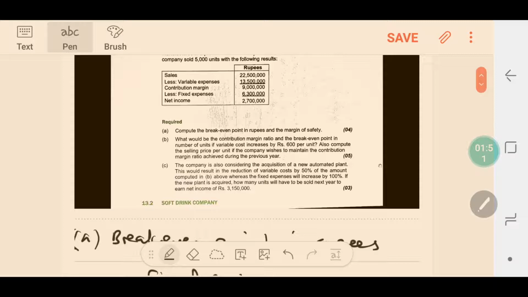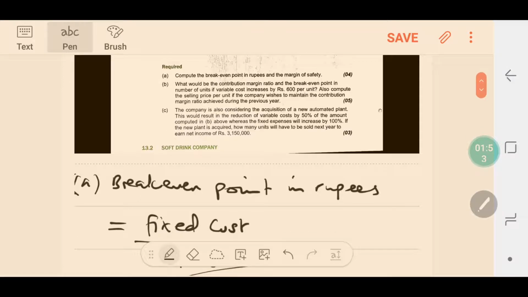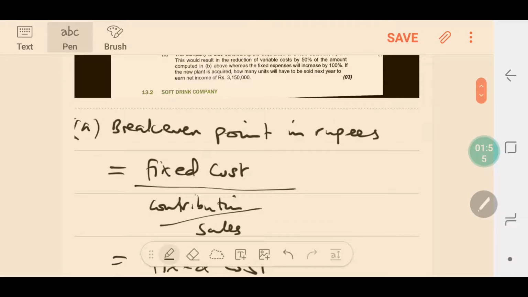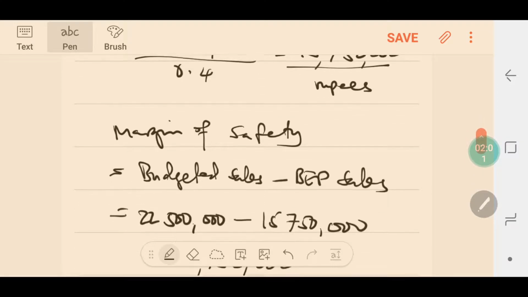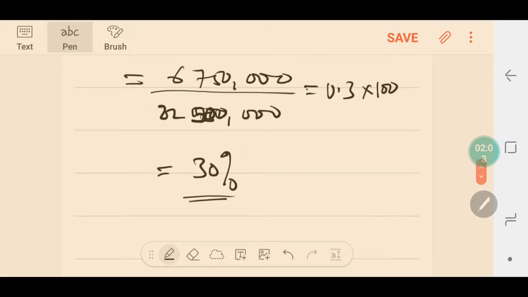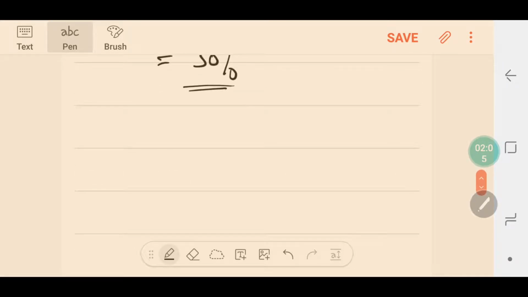Reduce magnification here. In our first question, we calculated the break-even point in rupee. This is our solution, and the margin of safety. This is our solution.